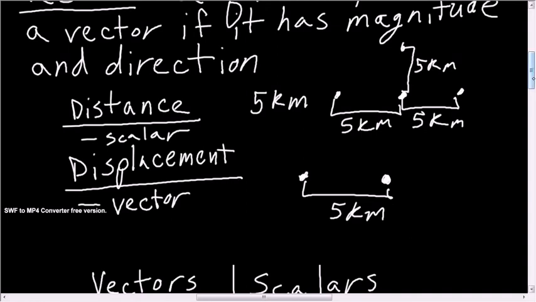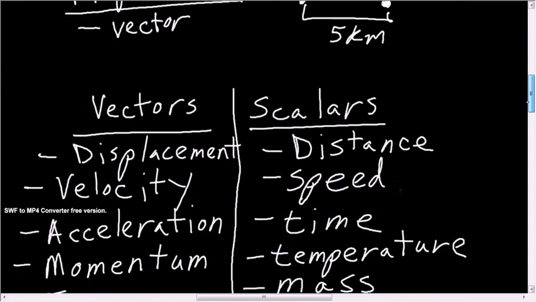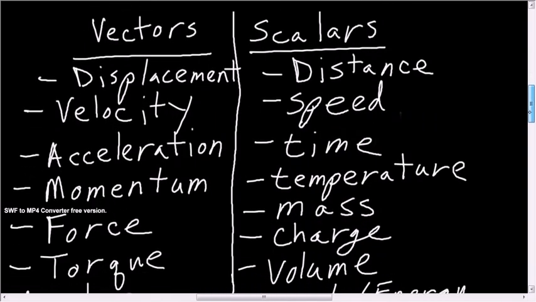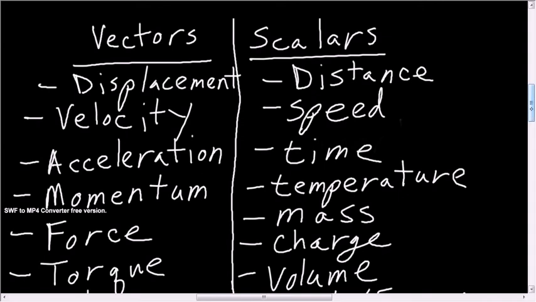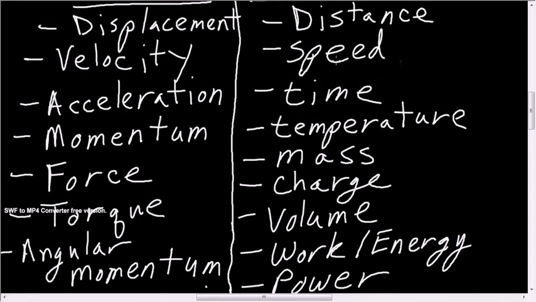Okay? So there's going to be a lot of different quantities we use that are both vector and scalar in this course. Here's a brief list. I won't name all of them, but I'll scroll through them all so you can see them. Like we mentioned before, displacement is a vector quantity. Distance is not. Speed is how we talk about how fast an object is going.